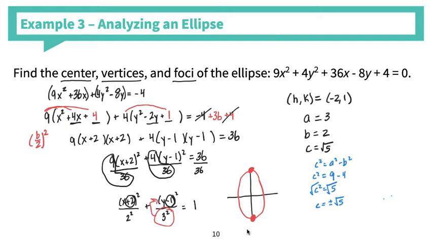So what I want to do is add a to my y coordinate. So if I take a look at my center, let me just erase some of this so that I have a little bit more space.